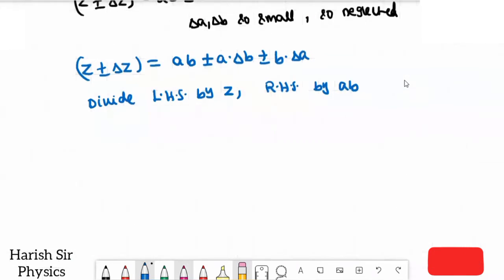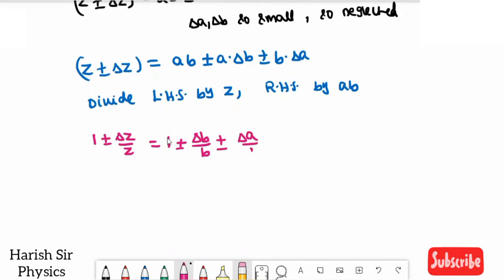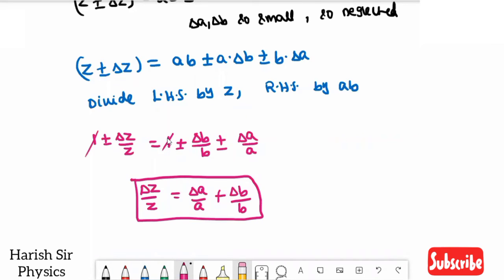If we divide Z plus or minus delta Z by Z, we get 1 plus or minus delta Z by Z. On the right side, we divide by AB, so we get 1 plus or minus delta B by B plus or minus delta A by A. If you cancel 1 and 1, you get delta Z by Z is equal to delta A by A plus delta B by B. Errors are always added.